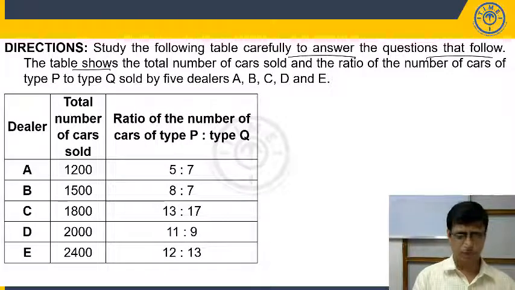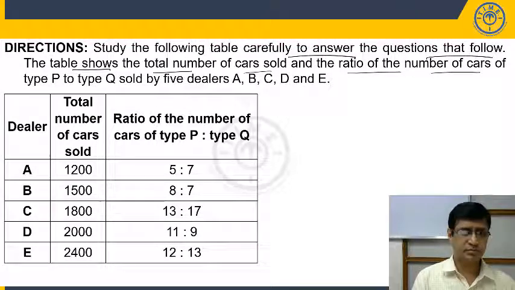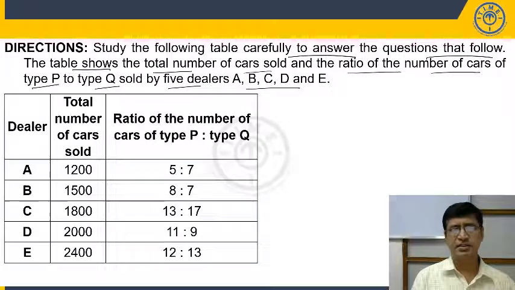The table shows the total number of cards sold and the ratio of the number of cards of type P and type Q sold by 5 dealers A, B, C, D and E. Just look at the table carefully here. The dealers are given A, B, C, D, E. Total number of cards sold is given as well as the ratio of type P with respect to type Q. Just look at the data given here.